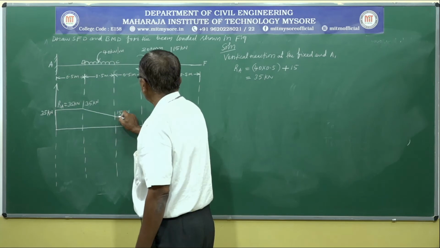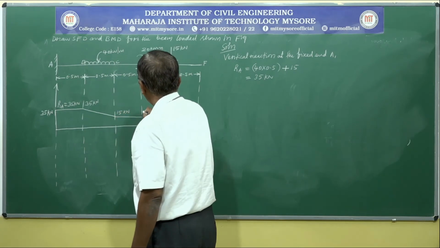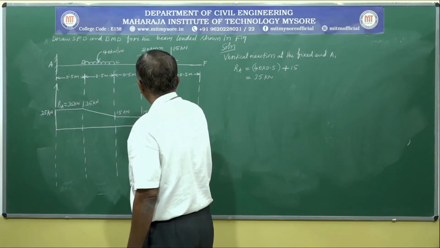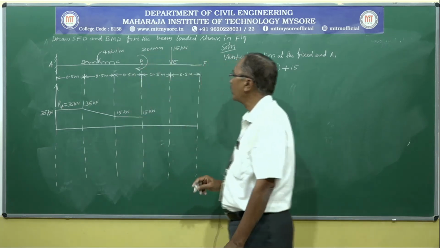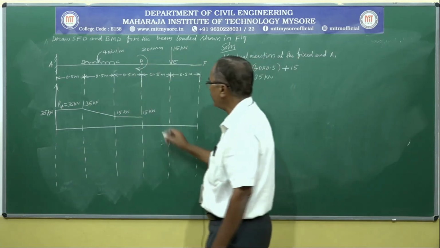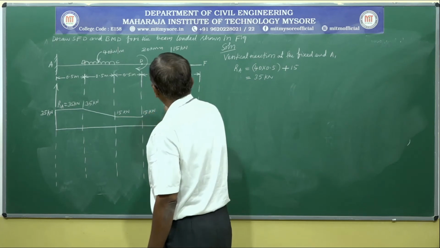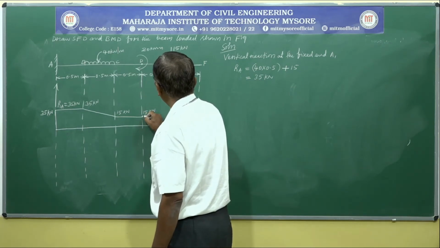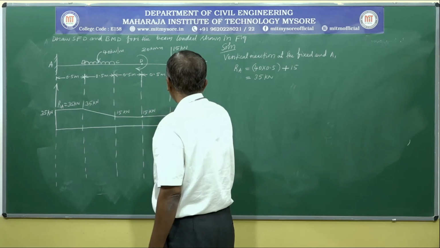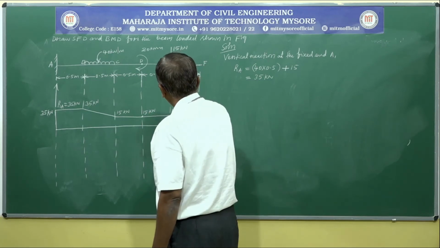C and D, no load, 15 kilonewton. As we know, there is no change in the shear force diagram for an external moment. At point D also the shear force is 15 kilonewton. Between D and E, no load, horizontal line, 15 kilonewton.